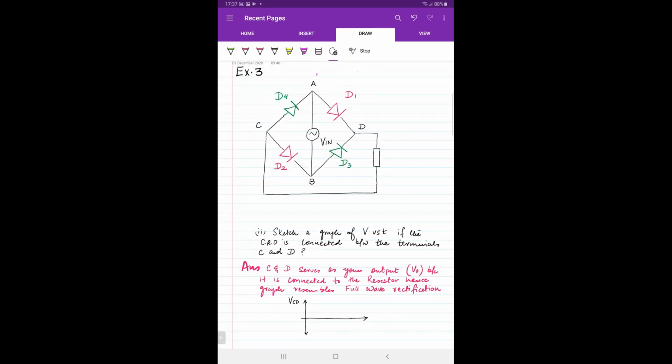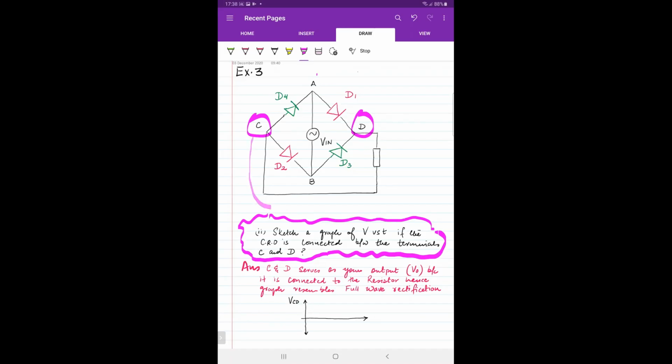So second part. Sketch a graph of voltage against time if a CRO is now connected between the terminals C and D. So C and D serve as your output Vout because it is connected to the resistor.